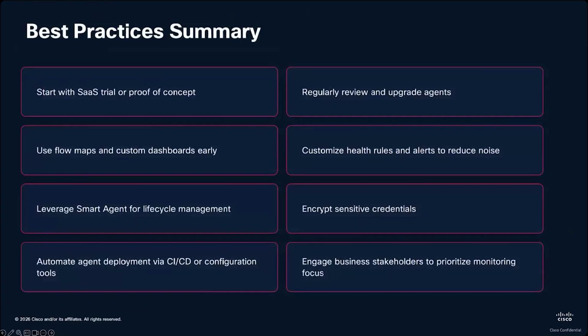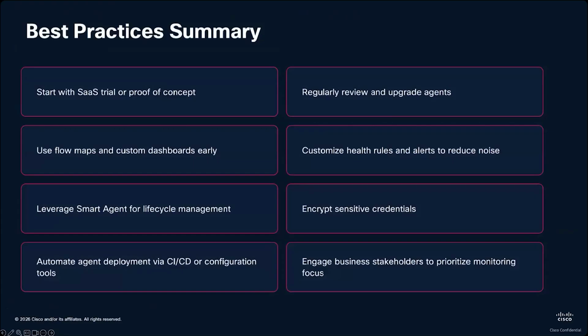All right. To summarize our best practices, if you're new, we have free trials available of our SaaS controller, or you can reach out and discuss doing an on-prem proof of concept. We want to use our flow maps and custom dashboards early to visualize application behavior, to know that our map looks correct.